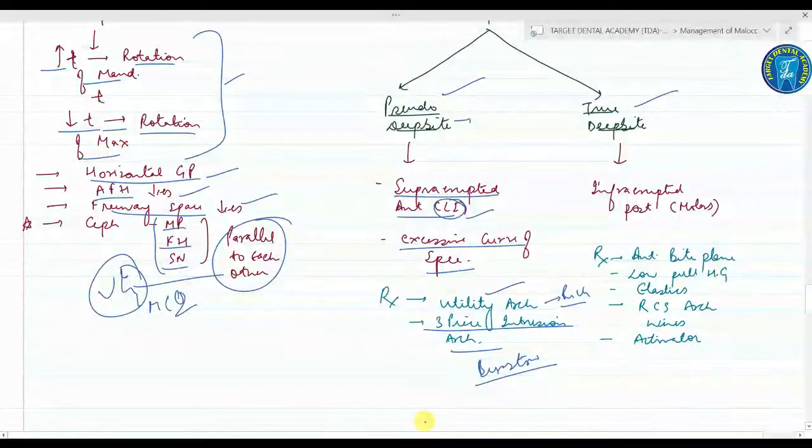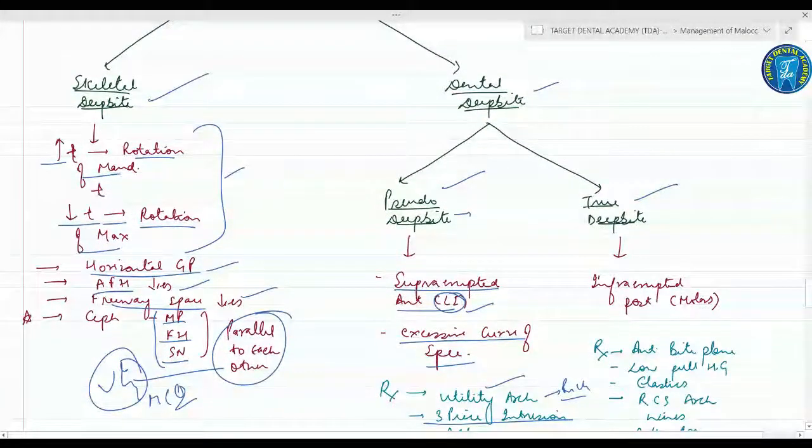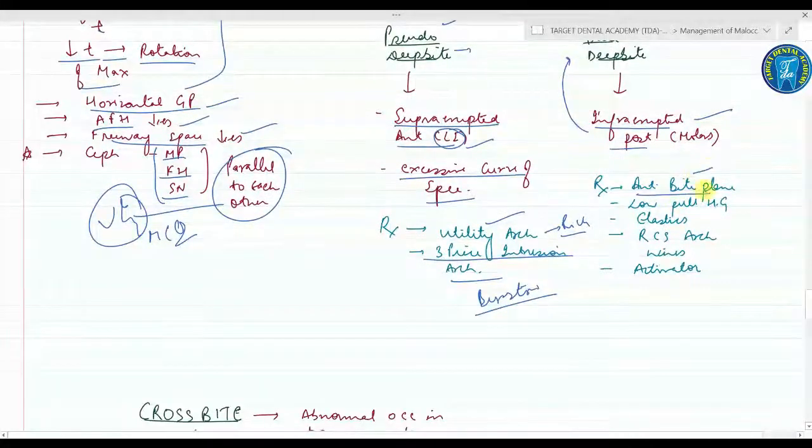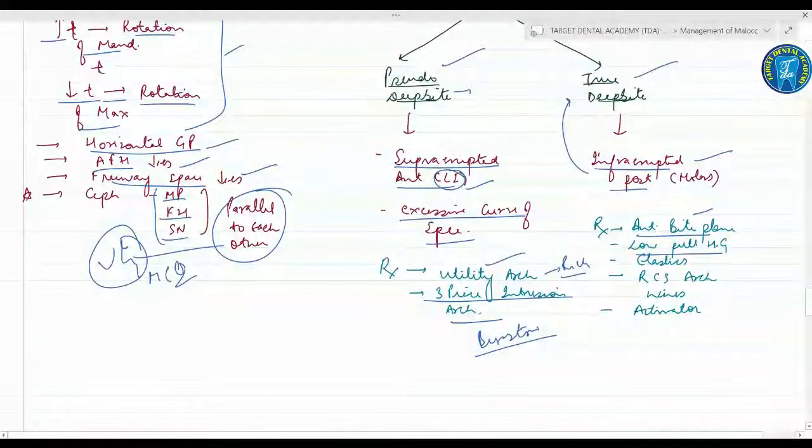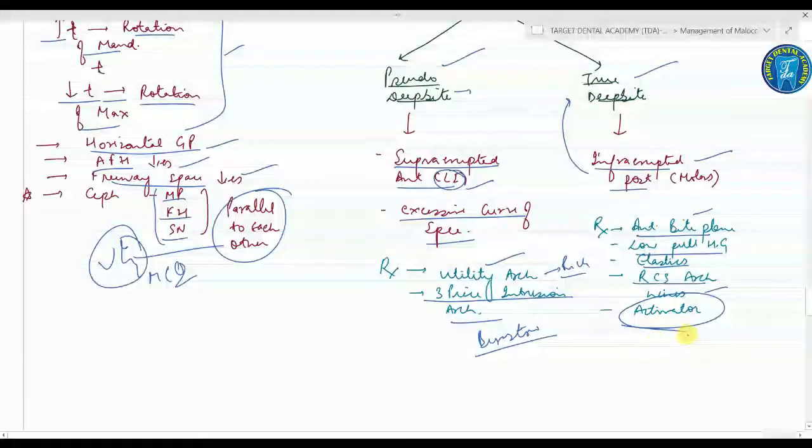Right. And second, if your dental deep bite is due to the infra-eruption of the posterior teeth, that is, due to the infra-eruption of the molars, this is what we call a true deep bite, and it can be treated by giving the anterior bite plane, the low pull headgear, the elastics, the reverse curve of Spee arch wire, and the activator.